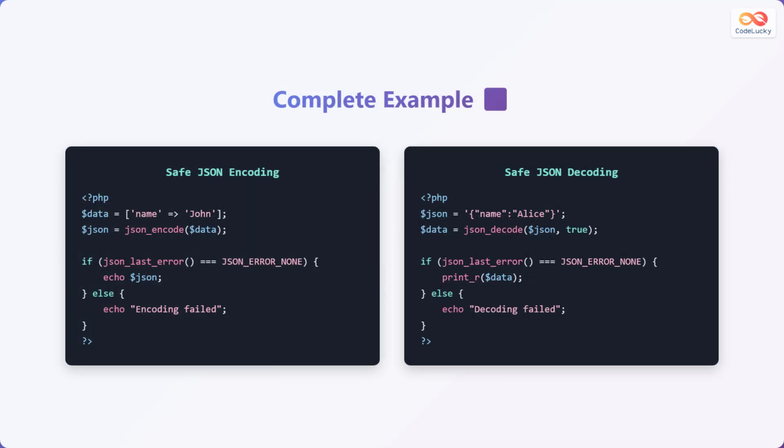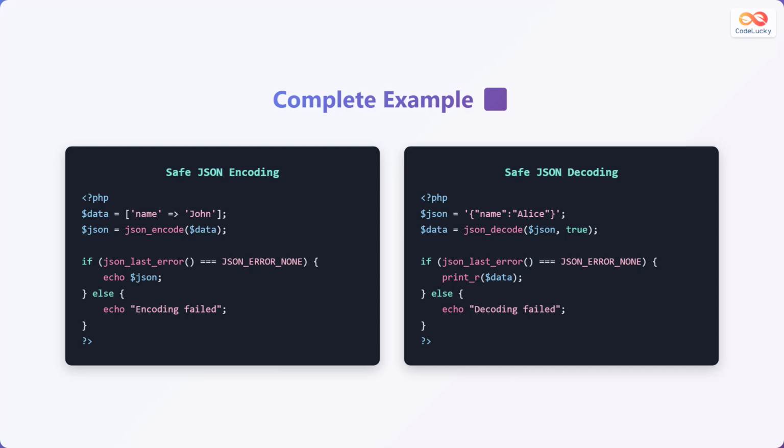Here's a complete example demonstrating safe JSON encoding and decoding with error handling. For safe JSON encoding, variable data is an array containing name, which is John. Variable json is equal to the function called json_encode with variable data as the input. If function called json_last_error equal to JSON_ERROR_NONE, then printing variable json.